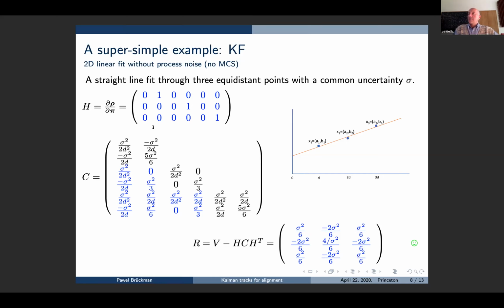However, if we use the prescription that I showed on one of the previous slides, this is the covariance matrix that you will get for the track.